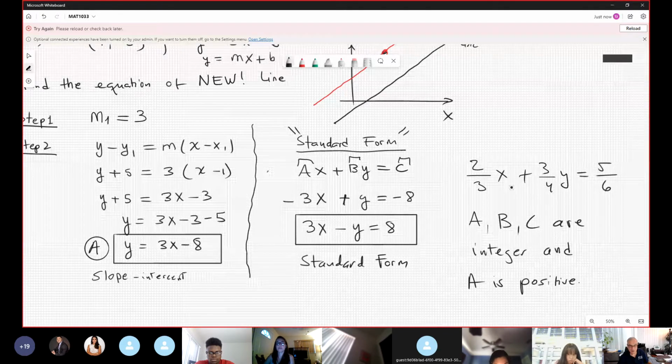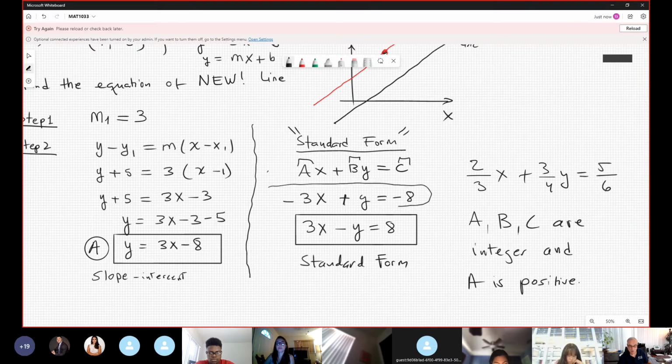So in this example, you see we don't finish, because I can see that A, the coefficient in front of the x, is negative. So how do you modify, how do you transform it? Oh, easy. You multiply the entire equation by -1. You multiply mentally the entire equation by -1, which is equivalent to saying change the sign. This is 3x, this is -y, and this is positive.